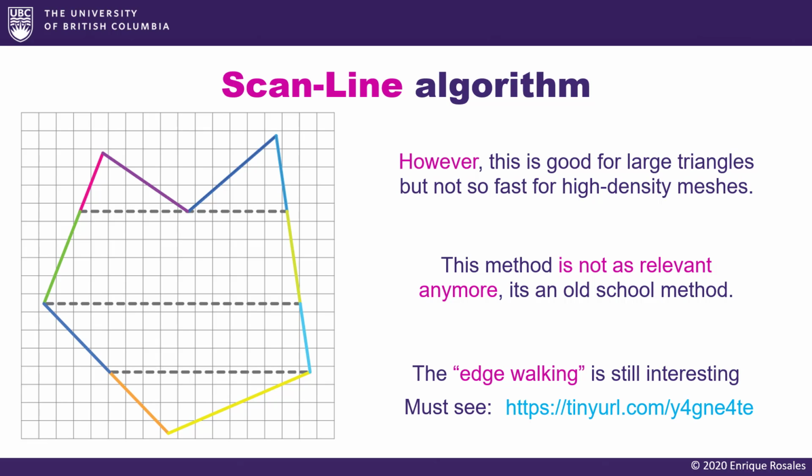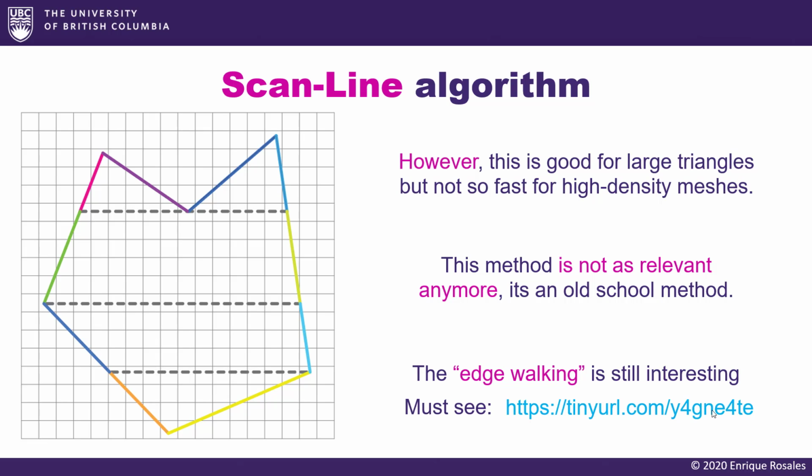But there are still some interesting things about this algorithm. The way you compute the actual coordinates from the portion of the triangle, aka the fragment that corresponds to each pixel, is called the edge walking algorithm, and it's really nice. You can read about it on this URL. If you find it interesting, maybe we can make an extra video on that.